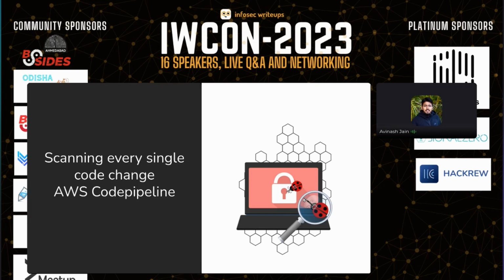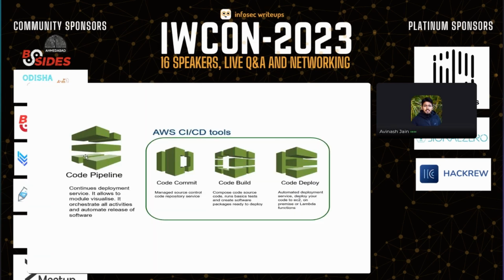In the next slides, we'll be seeing how we can achieve this if your organization is using a CI/CD pipeline, or using AWS CodePipeline. To give you a very short brief about what AWS CodePipeline is, it is basically a continuous delivery service that is used to model, visualize, and automate all the steps that are basically required to release your software.